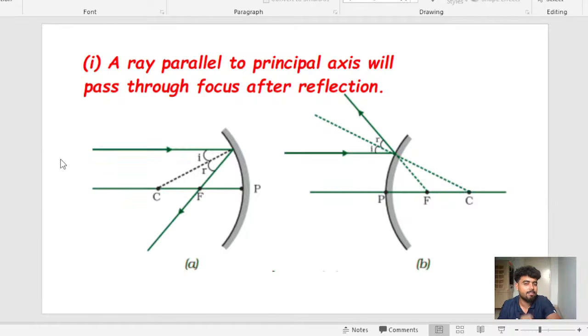So what is the sign of the object? It will be negative. So the negative sign will be directly placed on the mirror. So what is the incident ray now? Incident light is from the object. The object is always negative. So incident light falling on the mirror is negative. That's all.